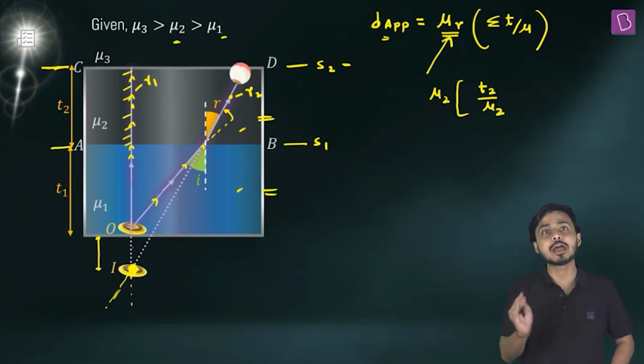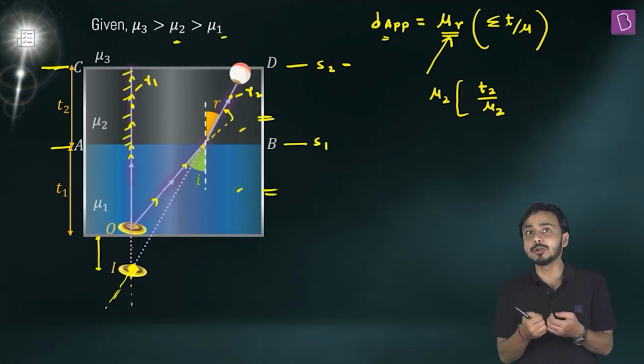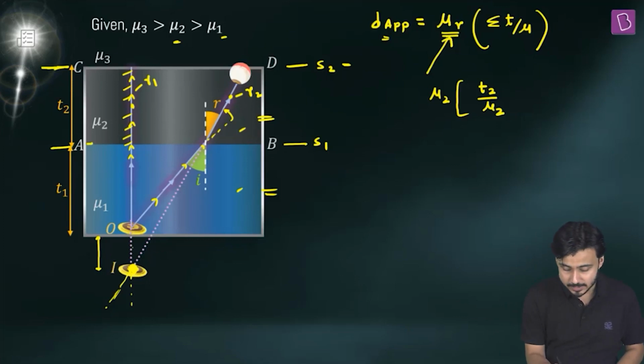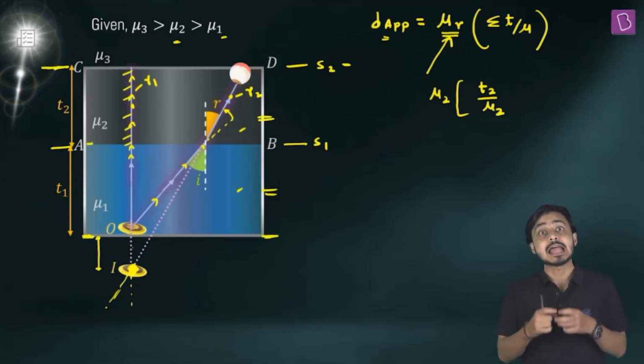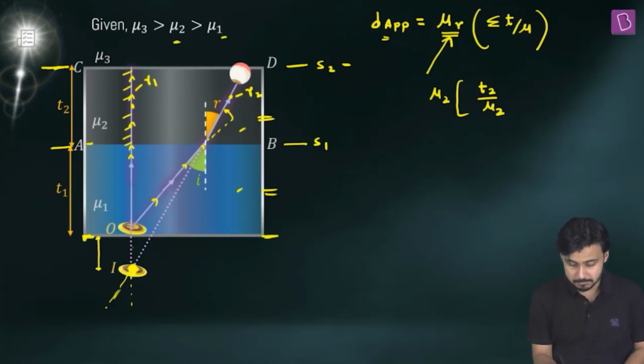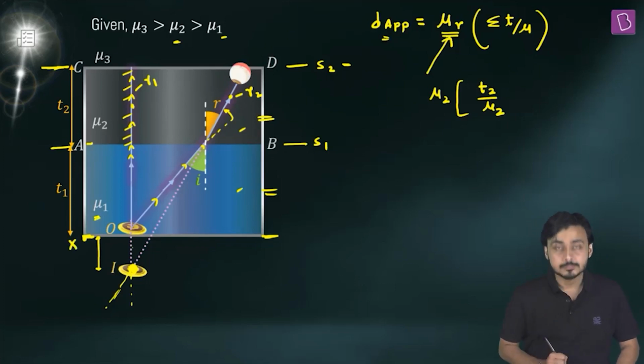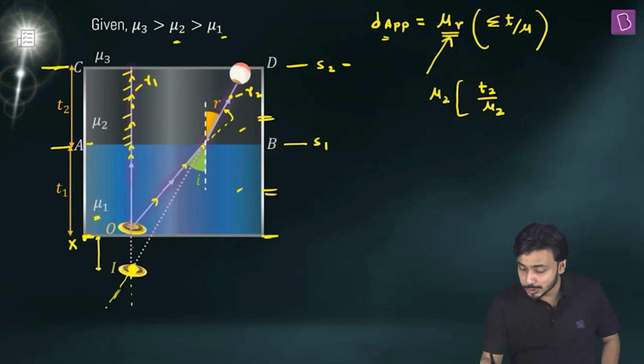So from CD, CA, that is T2 length, is being traveled in mu2, and A to the bottom interface, let's say it's X. So A to X, that is T1, is being traveled in mu1. So that much T1 will be divided by mu1. That's summation T by mu.